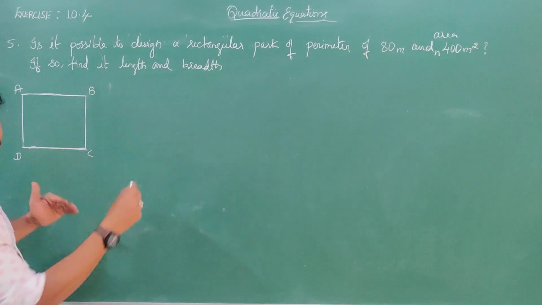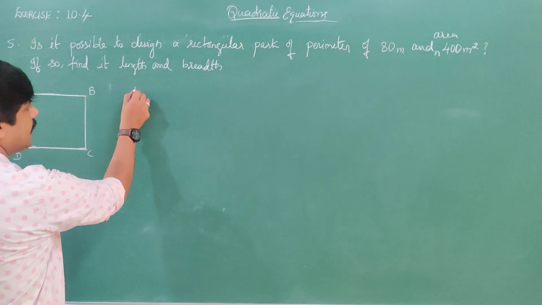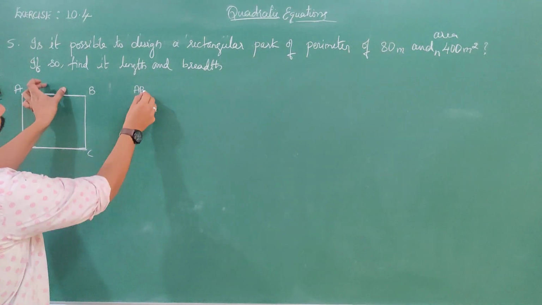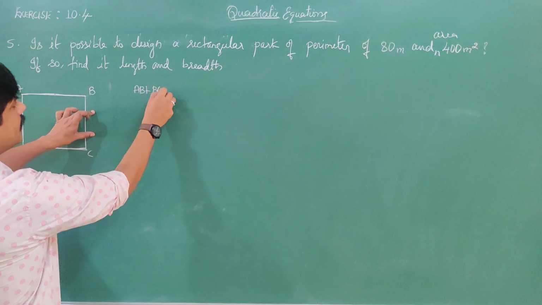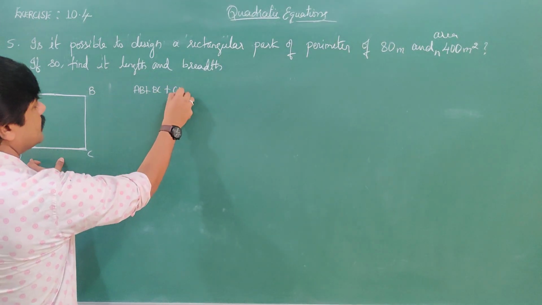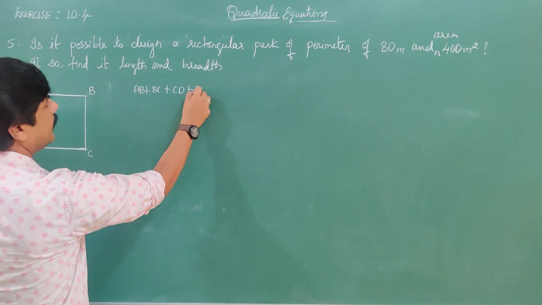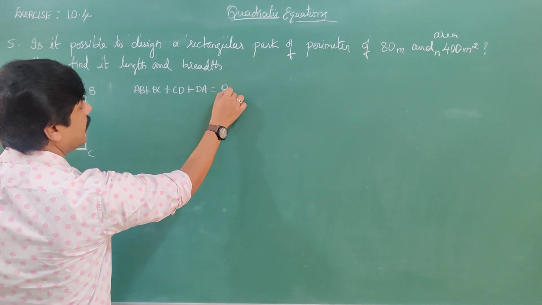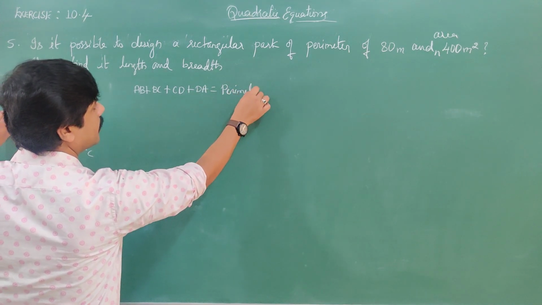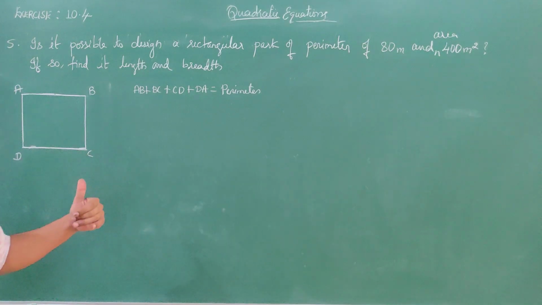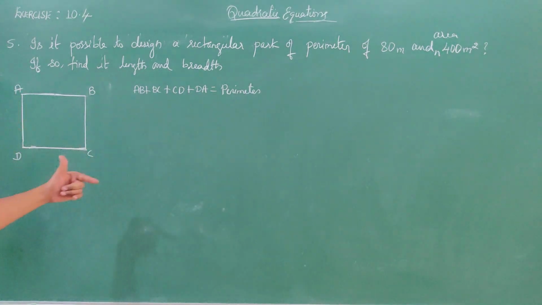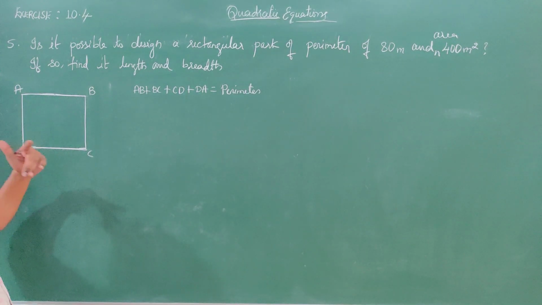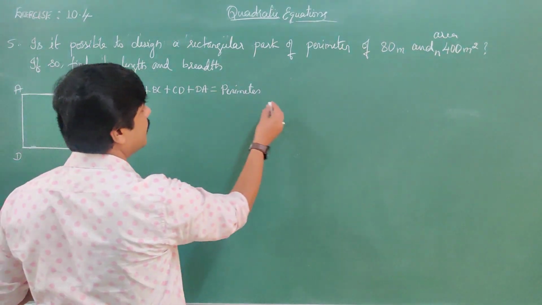Perimeter is nothing but the sum of all the four sides, that is AB plus BC plus CD plus DA. Now area is nothing but length into breadth.